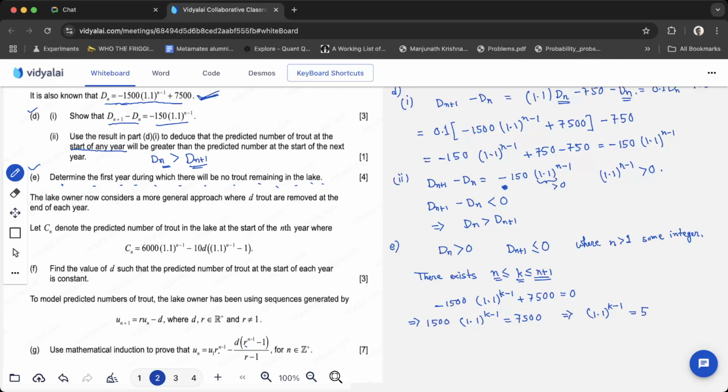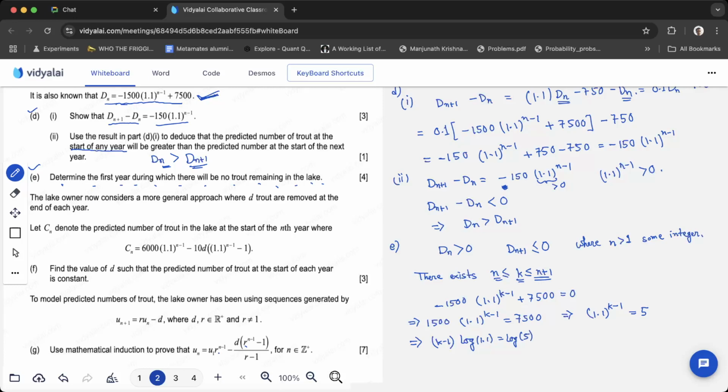We can take logarithm on both sides to have (k minus 1) log 1.1. Let me just write it in the next line. (k minus 1) log 1.1 equals log 5.